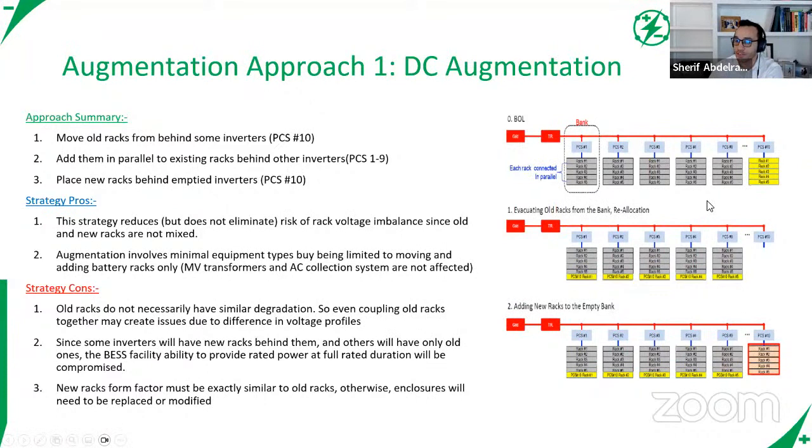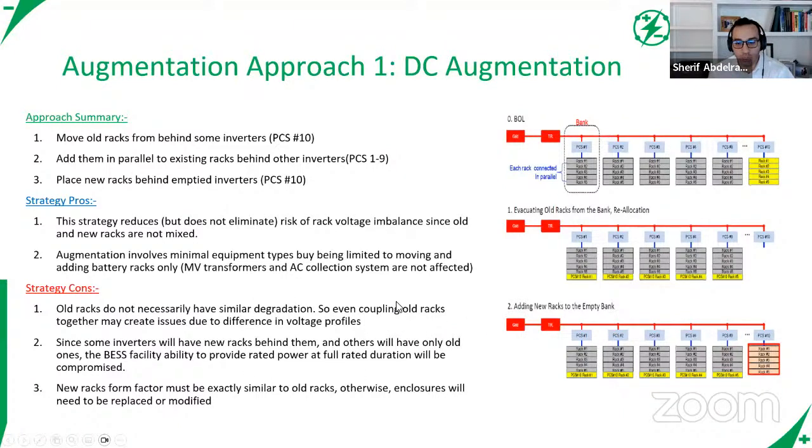So at the end of the day, it is more realistic to assume that these will have varying levels of degradation and accordingly varying voltage profiles across them. So when you take all these racks that have been treated the same way since they're behind a single inverter, and you disperse them in parallel with the others, it's very probable that the voltage profile of this yellow one is different from these gray ones here.